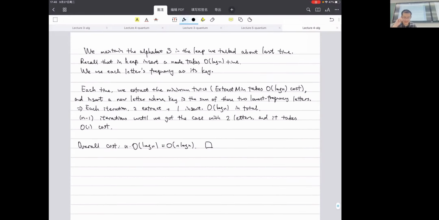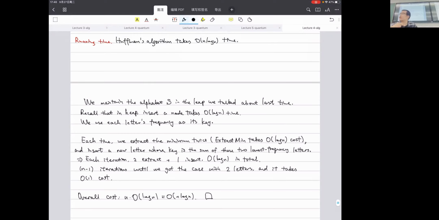So is this time complexity analysis clear to you? Basically this cost of O log n. So basically here, the heap is just as we discussed last time, we use the heap to store the frequency of all the letters. And as you can clearly see, the main cost in this Huffman's algorithm is that we need to store these corresponding values, and we find the two lowest frequency ones.